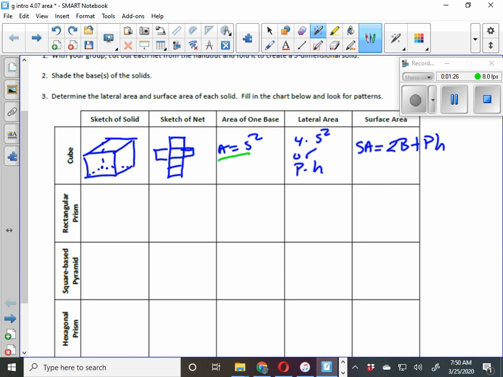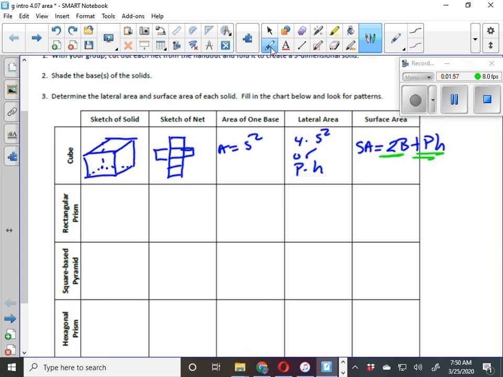The lateral area here is 4 squares, or it's the perimeter of the base, here's the perimeter of the square, which is this length here, times the height of the prism or cube, perimeter times height. Therefore, when we put this together, we've got 2 bases plus perimeter of the base times the height.